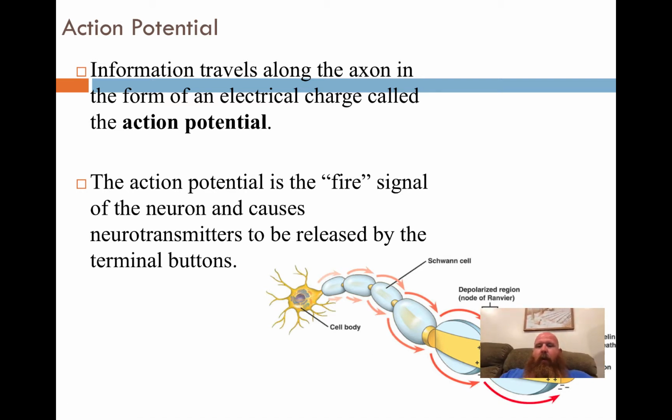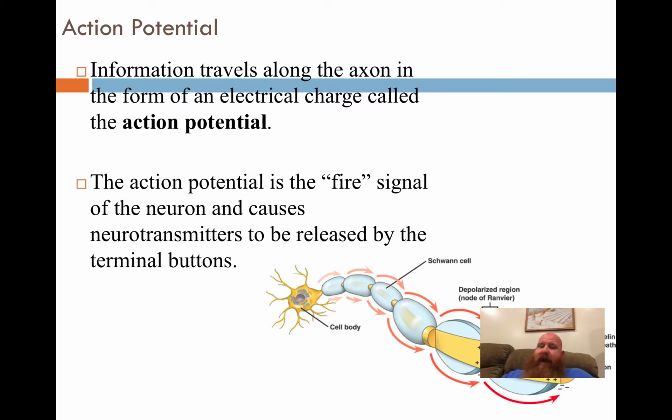Essentially what happens is the polarity changes between the inside and the outside of the axon. You all have seen magnets where you can move a magnet if you just turn it around. You'll have a positive side and a negative side, and you can just kind of push that.